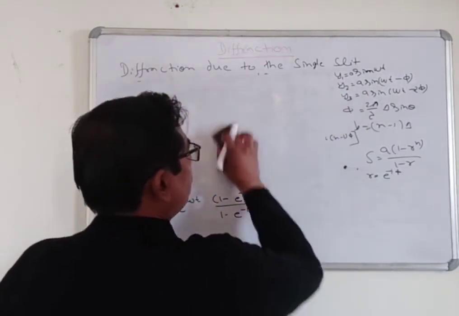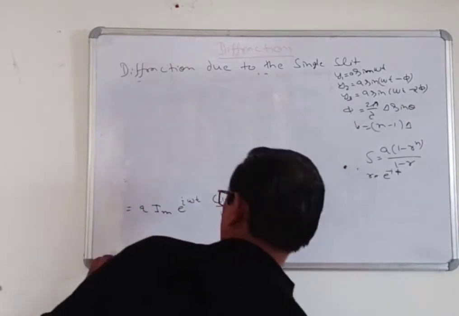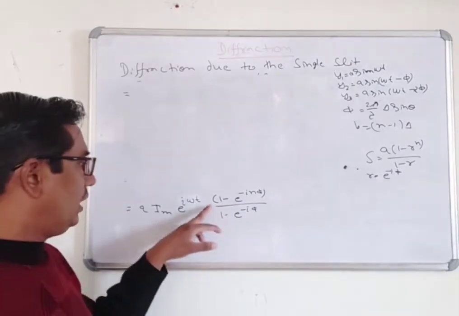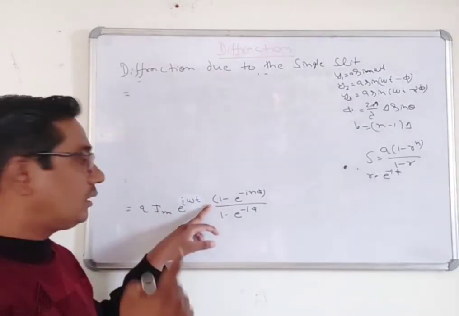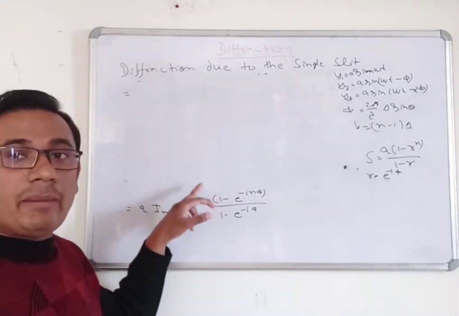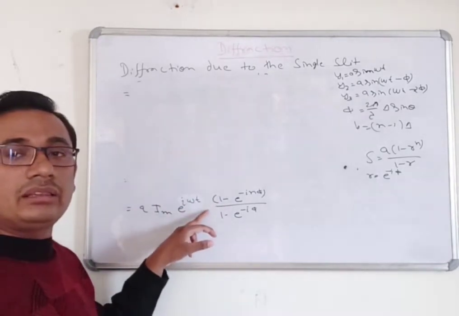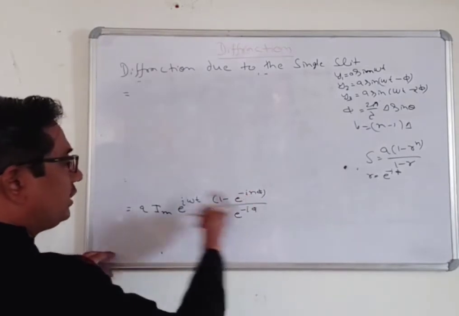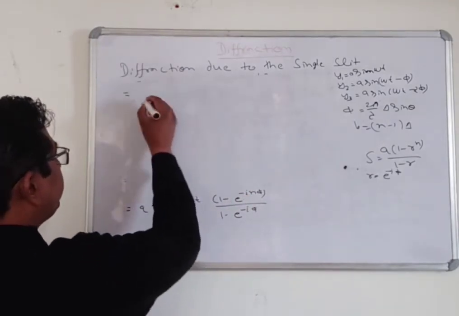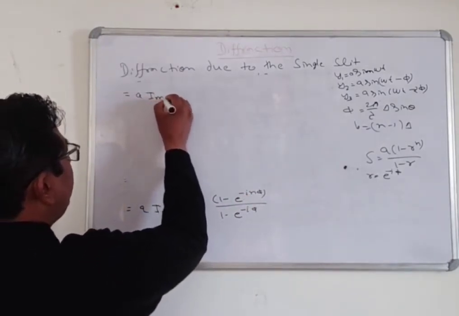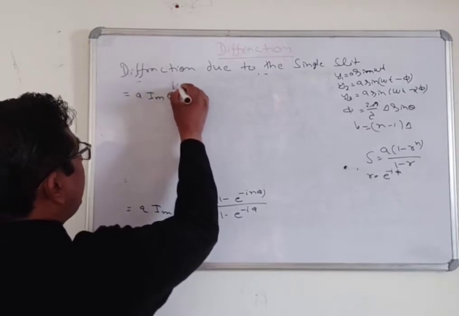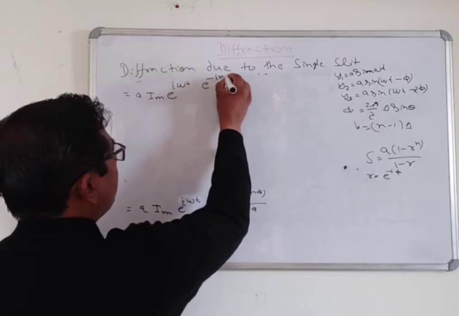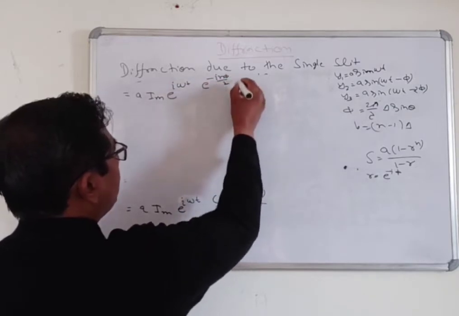Now again we will solve this equation like that. We will take the common factor e to the power minus i n phi by 2 in the numerator, and e to the power minus i phi by 2 in the denominator. Here we will take the common like that: A imaginary part e to the power i omega t, e to the power minus i n phi by 2.